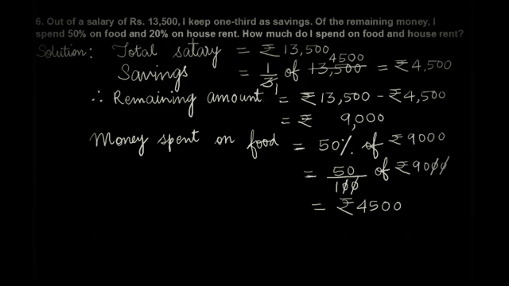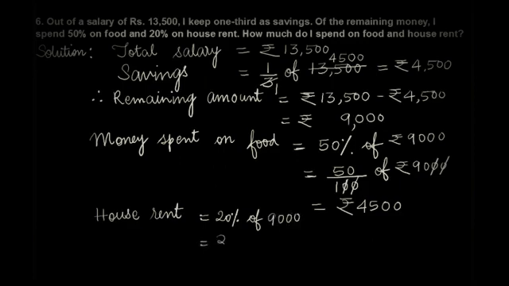And the house rent is 20%. So we can write down house rent directly. House rent, which is 20% of, again the remaining money is 9,000.